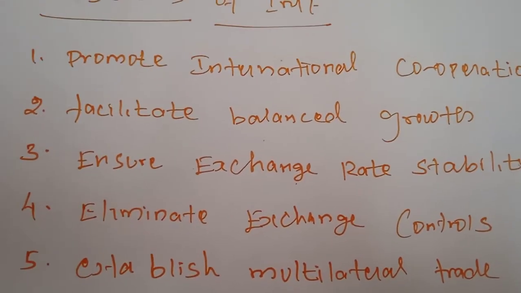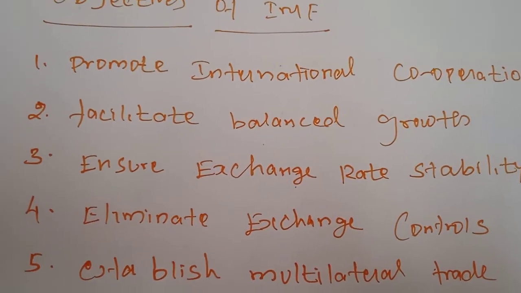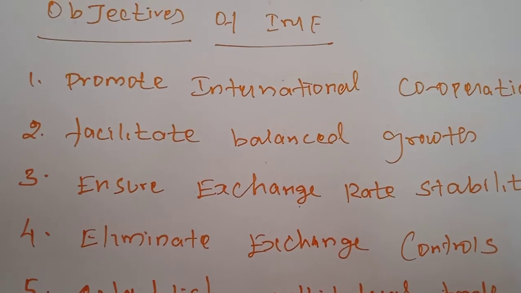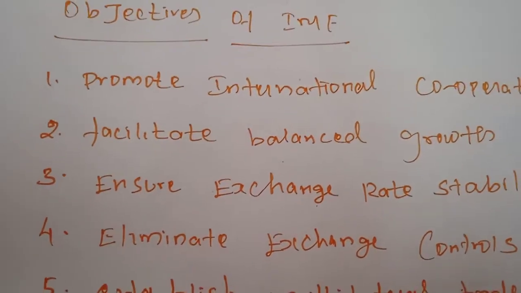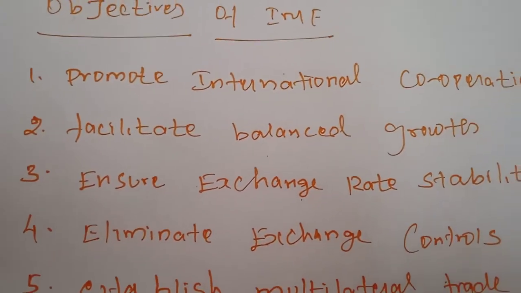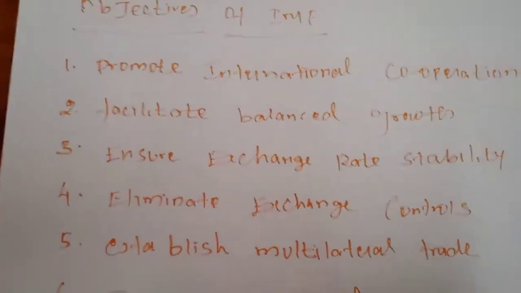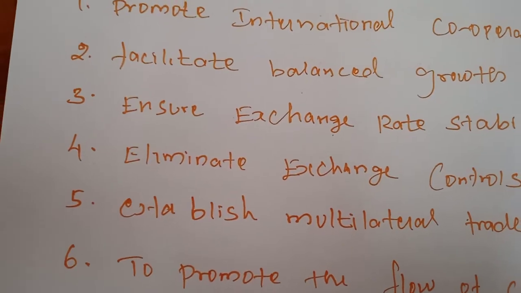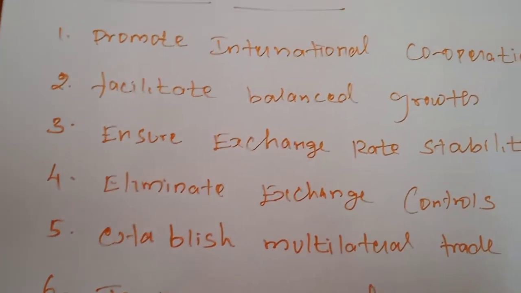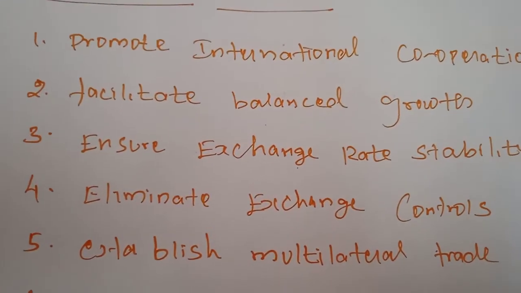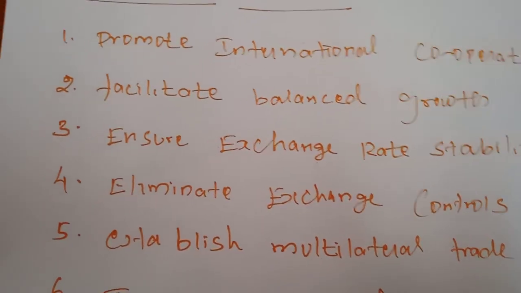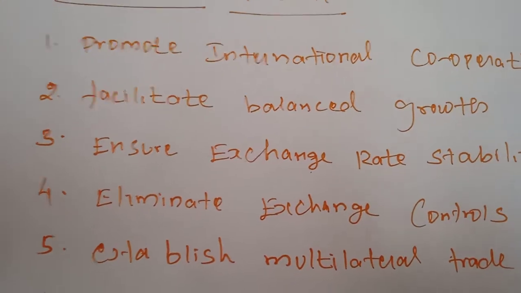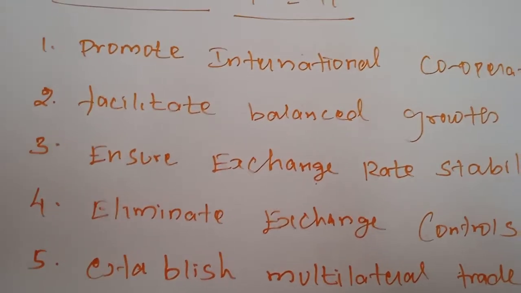Next, to facilitate the faster and balanced growth of international trade. Faster and balanced growth is possible in international trade only when all the nations have a favorable balance of payment and a favorable balance of trade. The International Monetary Fund facilitates faster and balanced growth by providing more financial facilities among its member nations.